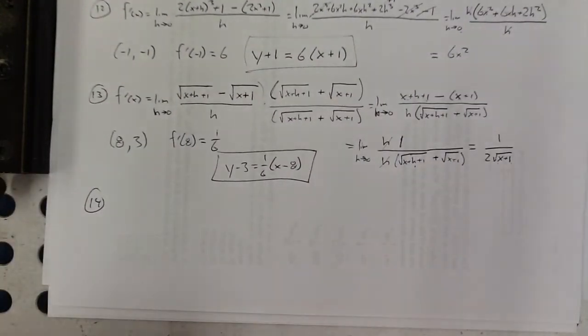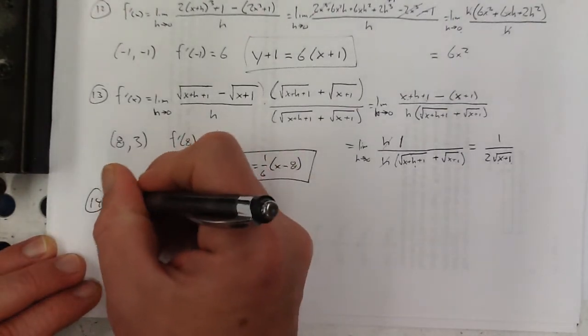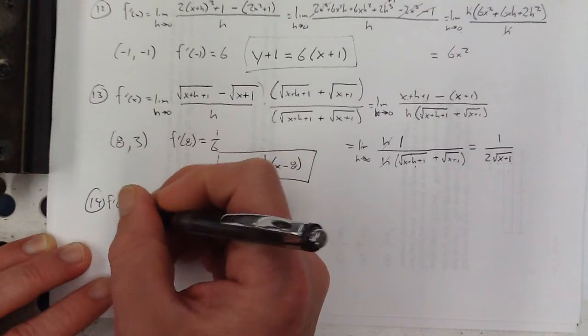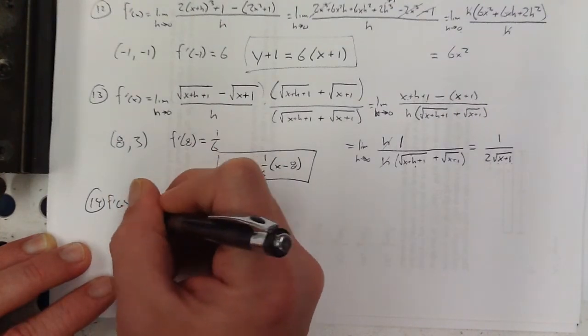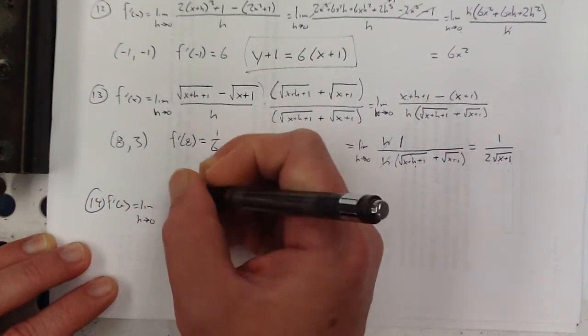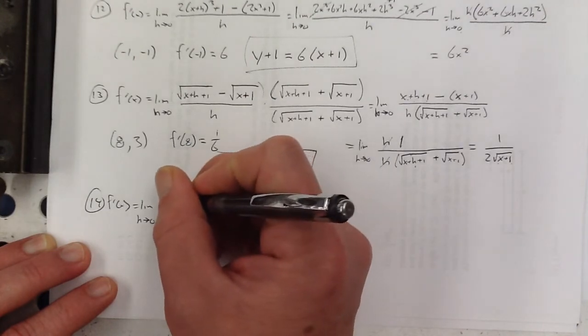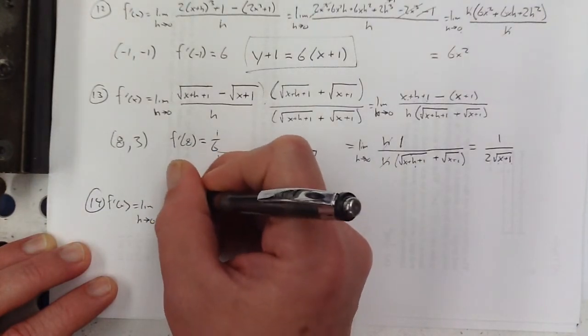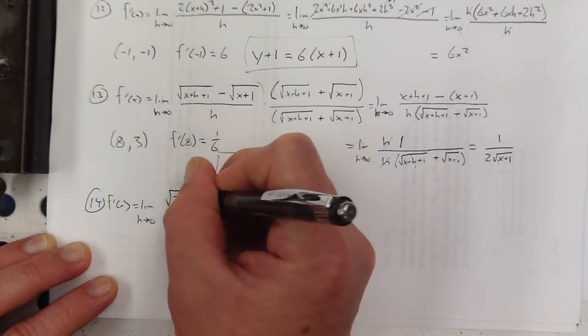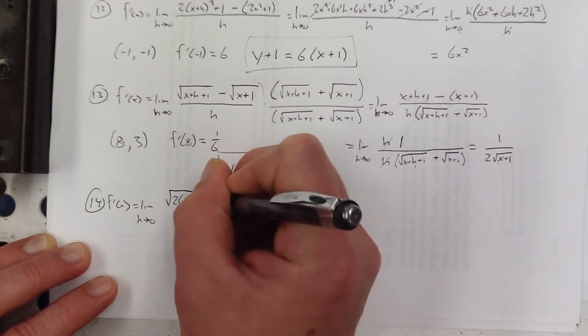Alright, 14 looks kind of similar. A little more practice with this conjugate business. So we have the square root of 2 times x plus h plus 1.